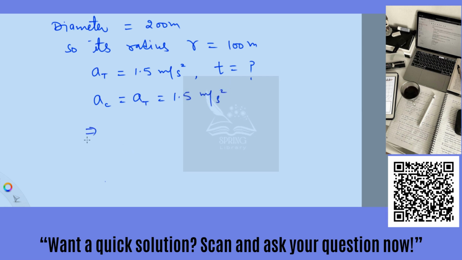Now, the expression for centripetal acceleration is v square by r. So v square by r should be equal to 1.5. Hence, we can say this v square should be equal to 1.5 times r, or 1.5 times 100, means this should be equal to 150.